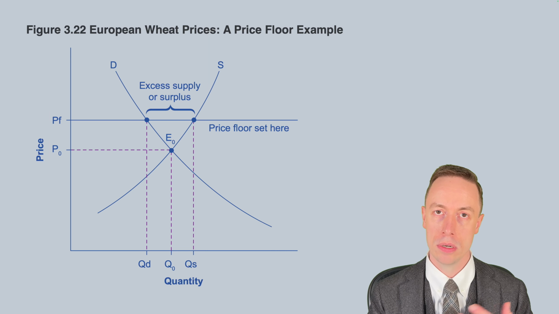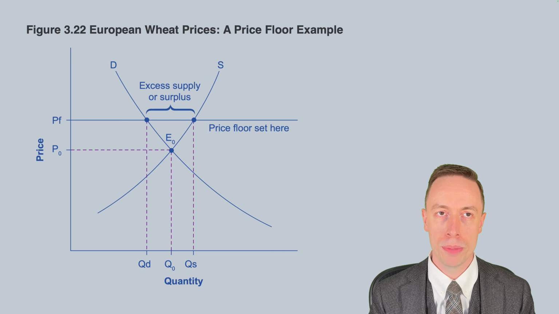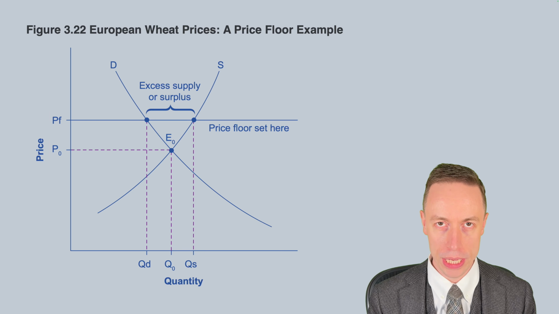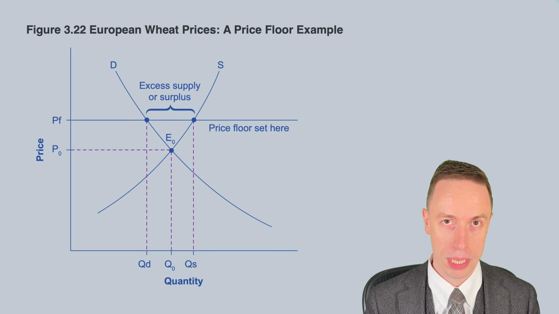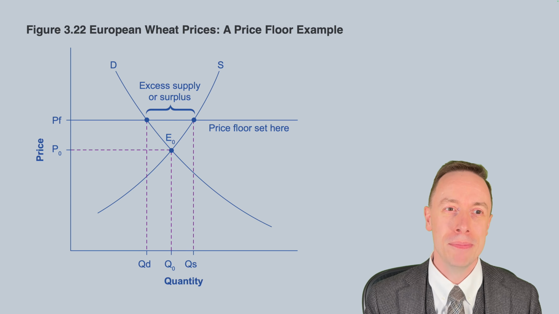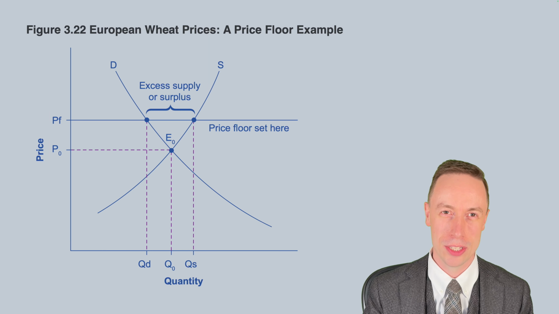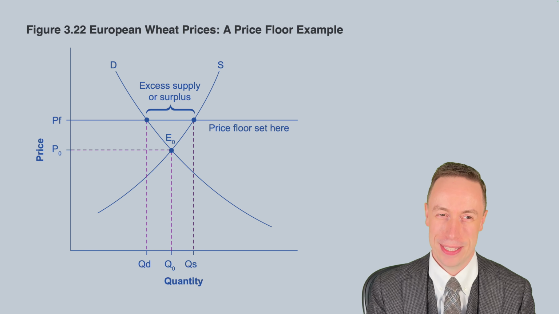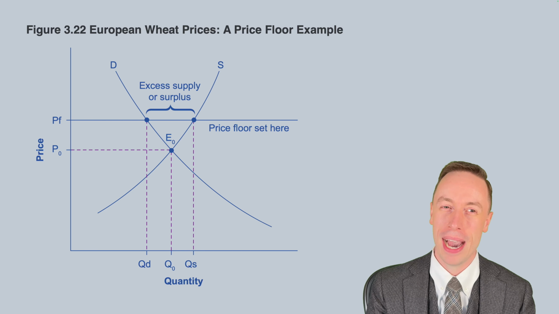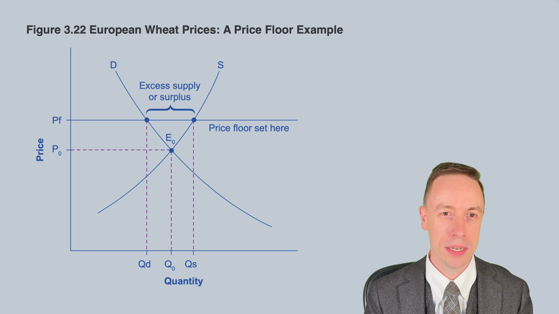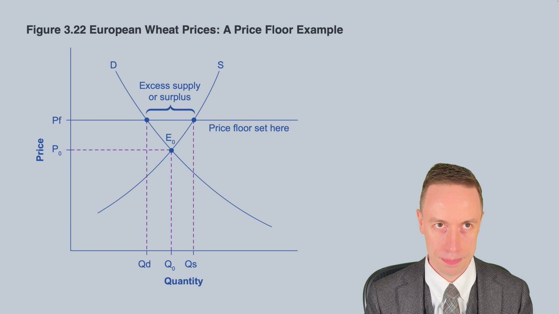So we predict if we set a wheat price support above the equilibrium price, we will end up with a surplus of wheat. And that's probably where the government's spending some money because it's going to have to buy up that extra wheat and destroy it, or else the farmers are going to be quite mad if the price floor prevents them from selling the wheat in the first place.